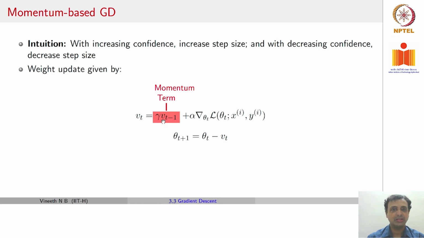And by ensuring that gamma lies between 0 and 1, gamma square will be smaller than gamma, which means how much Vt minus 2 contributes to Vt will be lesser than how much Vt minus 1 contributes to Vt. That's one reason to choose gamma between 0 and 1.